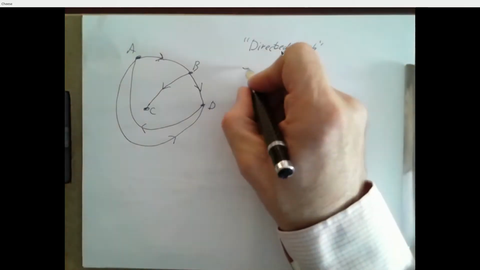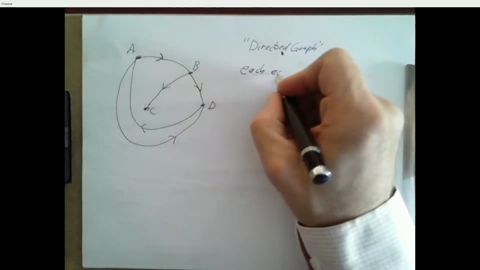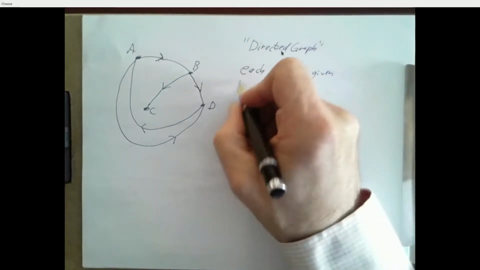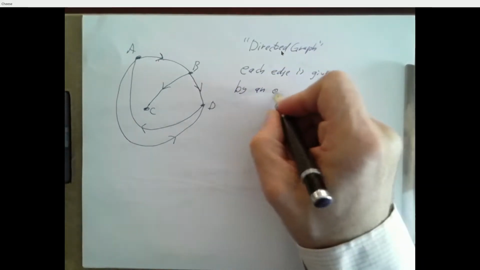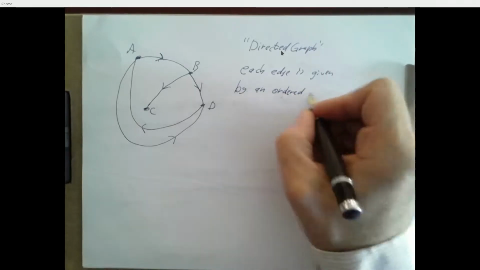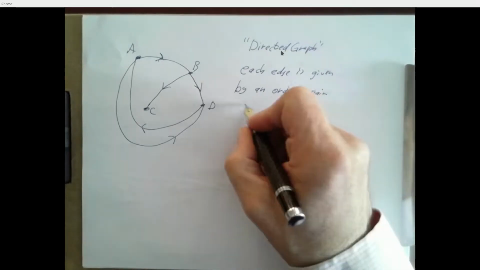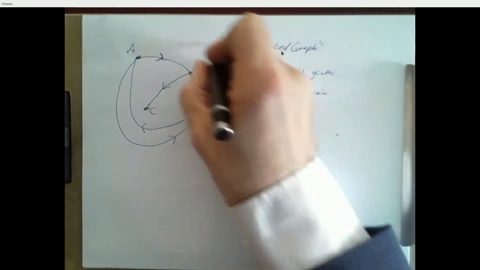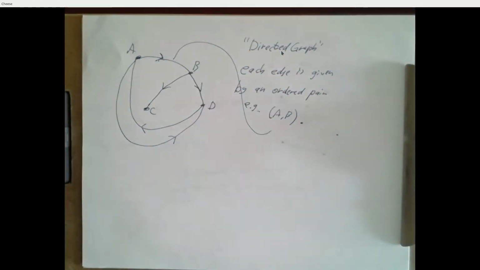And so each edge is given by an ordered pair. For example, AB might be this edge up here.